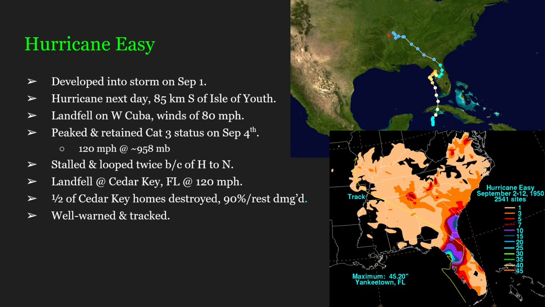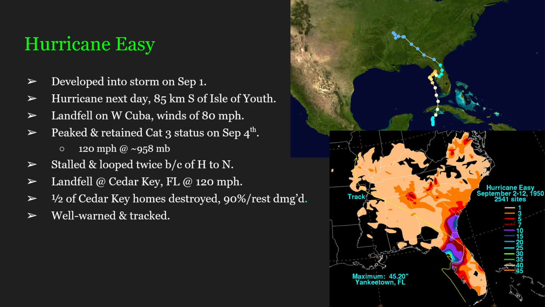But before that, Easy landfell on Cedar Key, Florida, with the winds of 120 miles per hour, so still at peak strength. Cedar Key would be extremely heavily damaged. Out of all of the homes in Cedar Key, half of them would be destroyed.